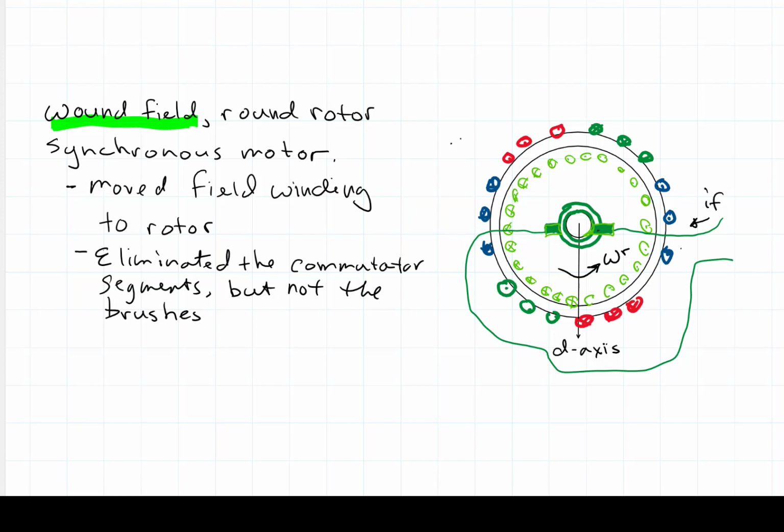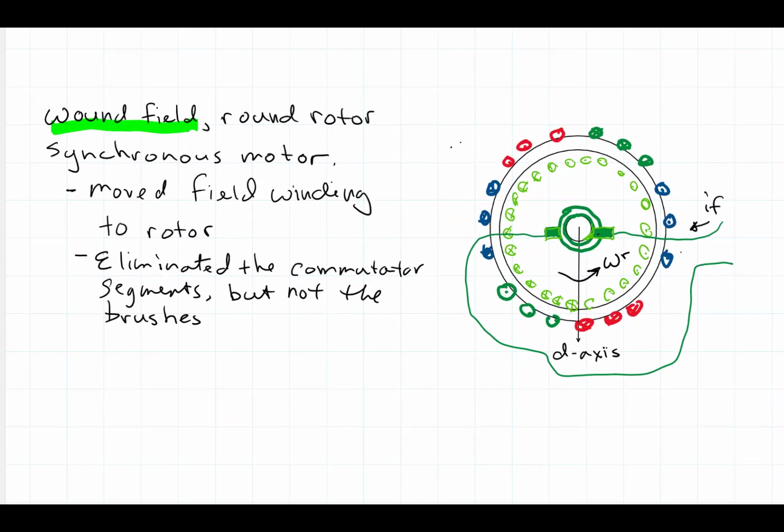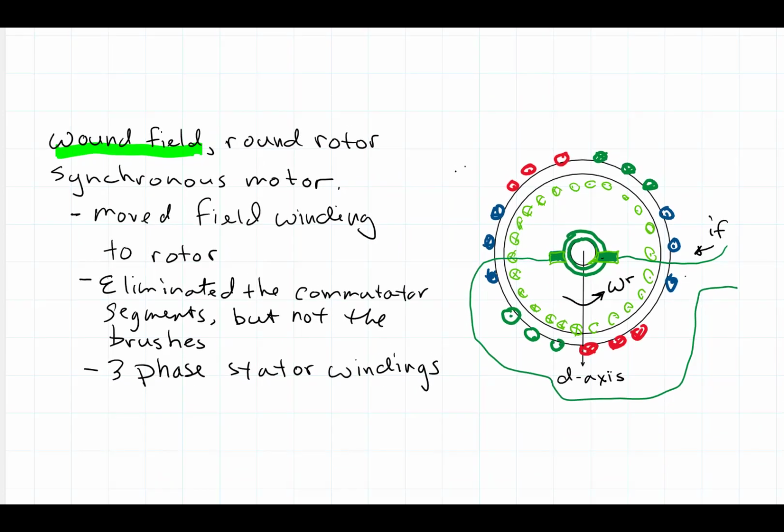But we've moved the magnetic field onto the rotor, and then we have three-phase stator windings. The stator windings, we've got a phase A winding. So we have stator phase current IAS going into that winding from the inverter supply.